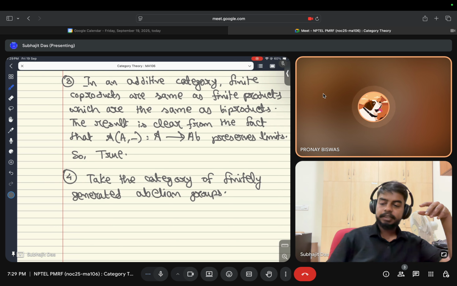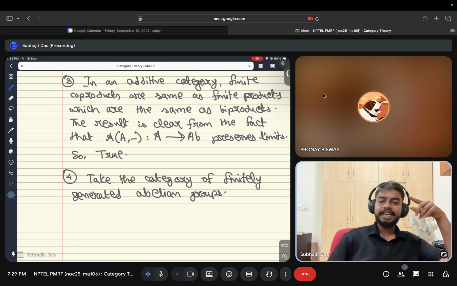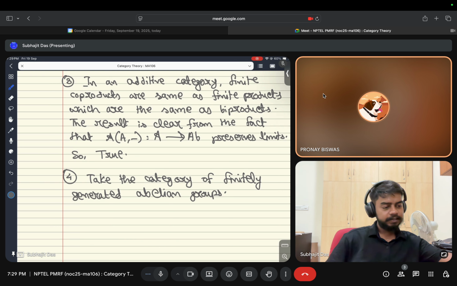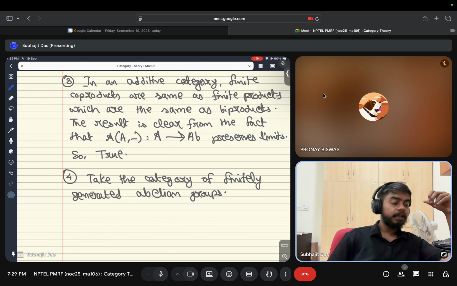One line. Because Z is Noetherian, right? And similarly, you can show that co-kernels, which are quotients, are finite.